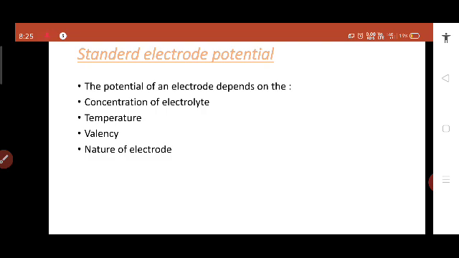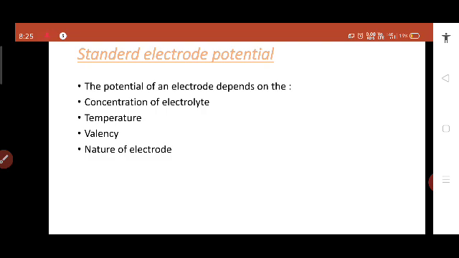Temperature, which we always maintain at room temperature. Pressure, always 1 atmospheric pressure, maintained at room temperature. Concentration, always 1 molar.